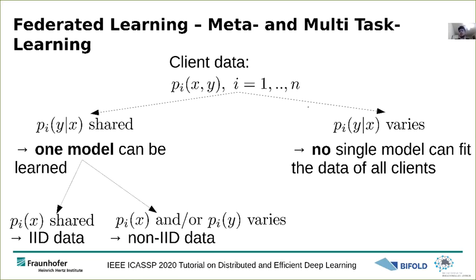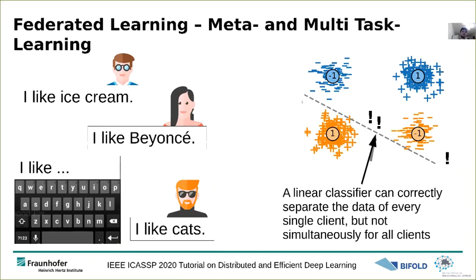So in which situations could this make sense? Say, for example, you want to train, using federated learning, a next word prediction system. So you have a smart keyboard that predicts the next word that you're going to type. Then of course, different users have different typing behaviors because they have different interests, they use different languages.